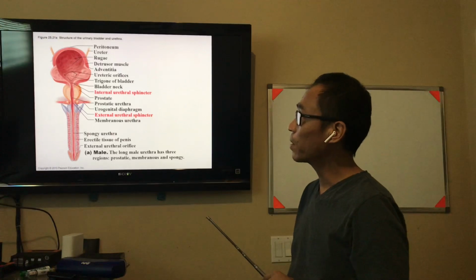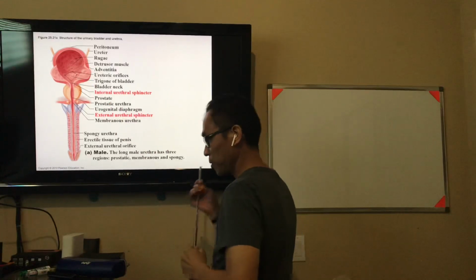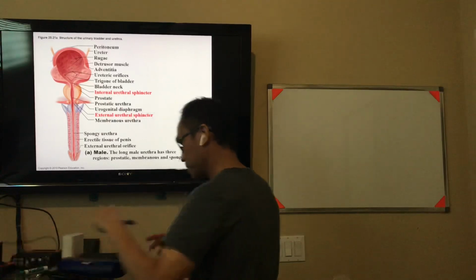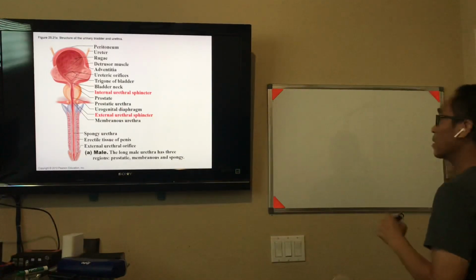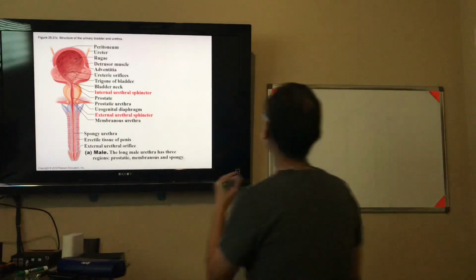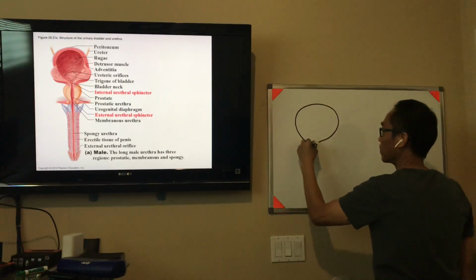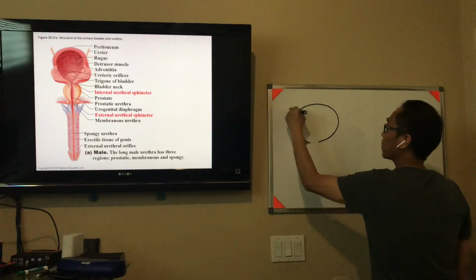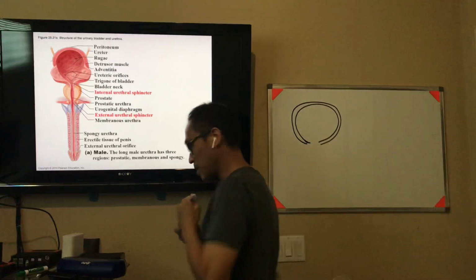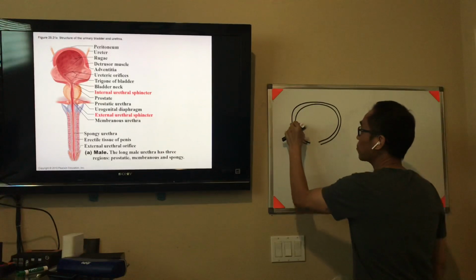So if we kind of look at the urinary bladder, the muscle of the bladder wall, which is smooth muscle, is called detrusor. So now we're in the pelvis here, right behind the pubic symphysis. That's where the urinary bladder is. All right. So if you cut the bladder wall open and examine the muscle inside, I'll use red for muscle to symbolize smooth muscle inside there.